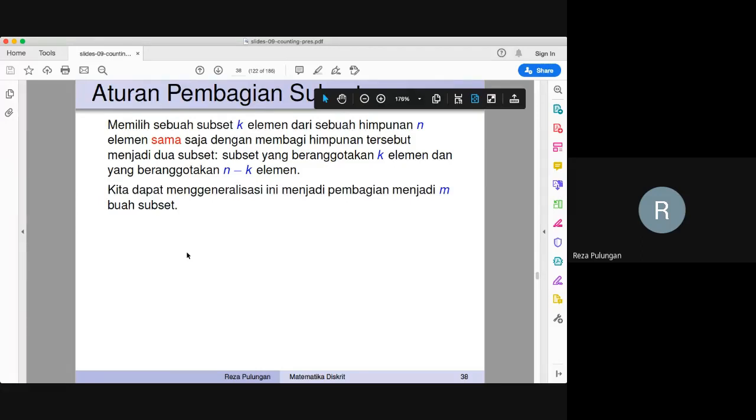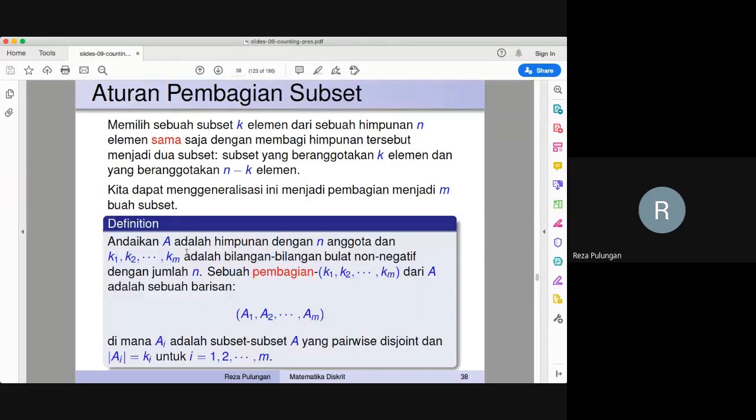Now, we can generalize this into division to m subsets. How do we do that? Look at this definition. Assume A is a set with n elements and k1, k2 until km are non-negative integers that when you add them together result exactly equal to n.